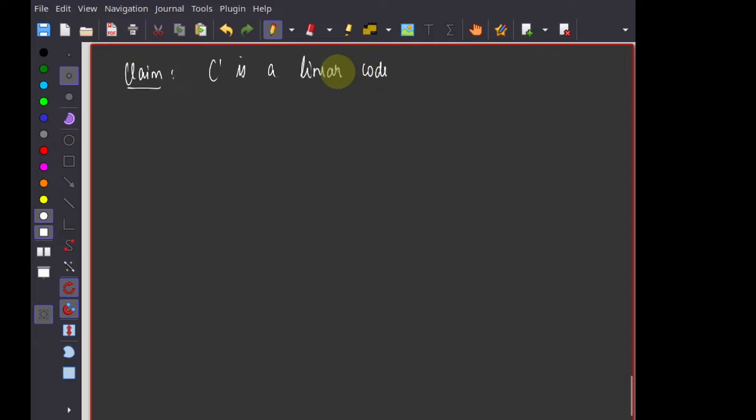Right? So let's think about why this is true. Now let us look at H. Suppose that H_GRS is the parity check matrix for the code C, the generalized Reed-Solomon code constructed over F_p^m.